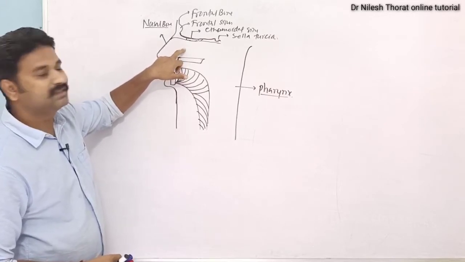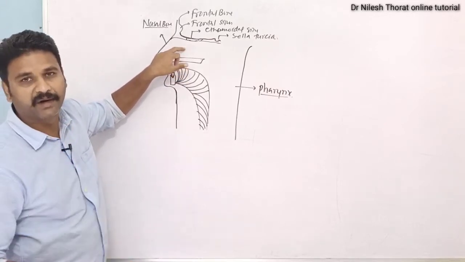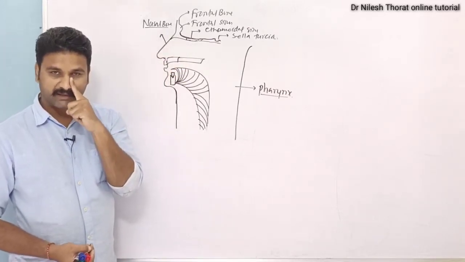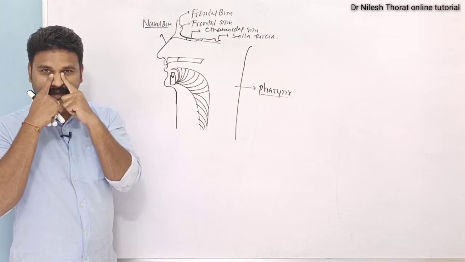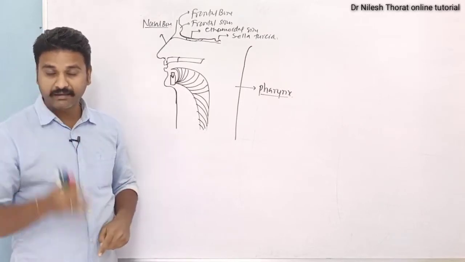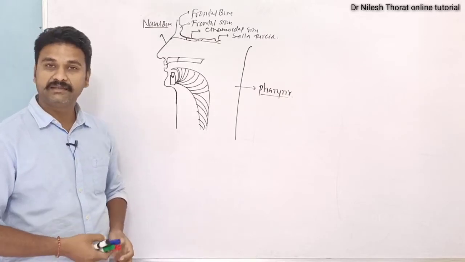This nasal cavity is divided into two parts by a cartilaginous septum. So on one side we are having one nasal chamber, and on another side we are having another nasal chamber. Both the nasal chambers are separated with the help of a cartilaginous septum.